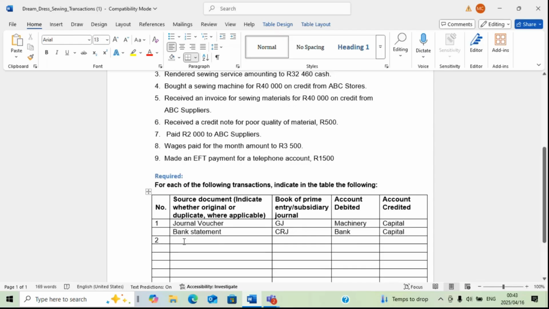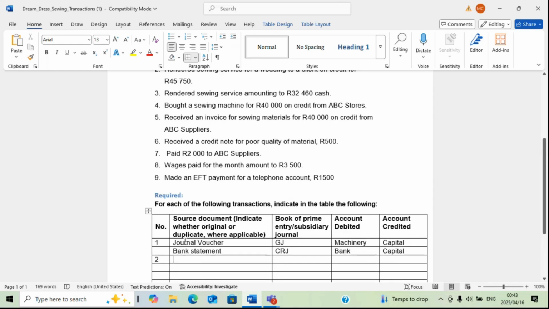Transaction number two, what is the source document since you rendered a service on credit? When you render a service on credit, the source document is going to be a duplicate invoice. Duplicate invoice, okay?